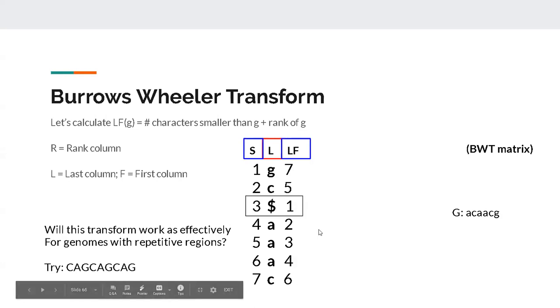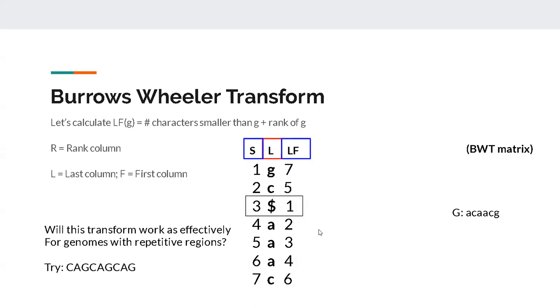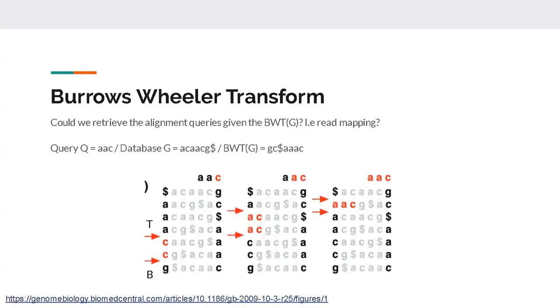Yeah. Now let's come to the real deal. Why we did all of this was to see if it can also align such things. We are starting with the query, in this case AAC, and we want to find if AAC exists in our Burrows-Wheeler transform GC dollar AAC, which has in turn come from this particular sequence, AC AAC G dollar.